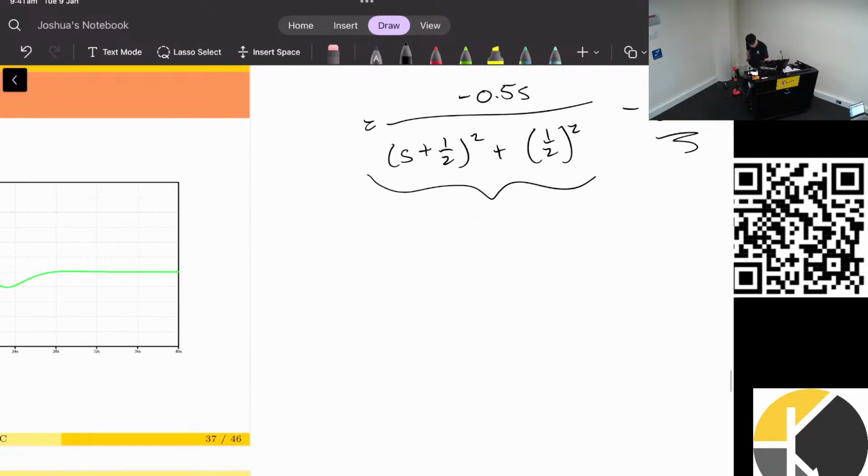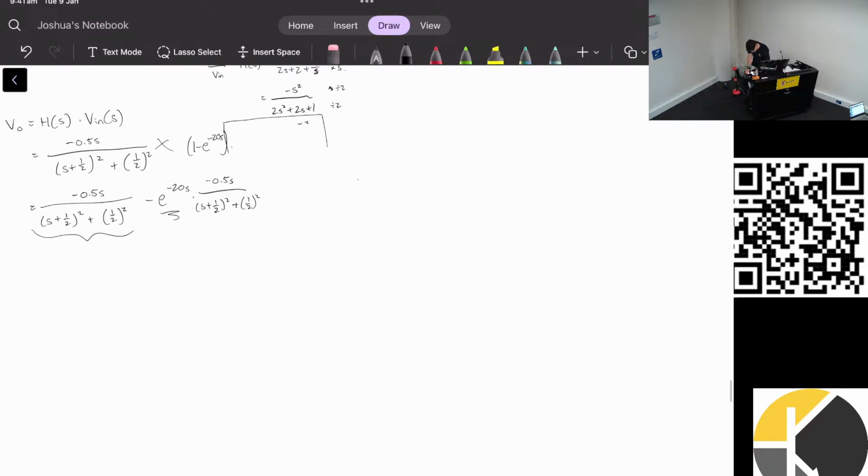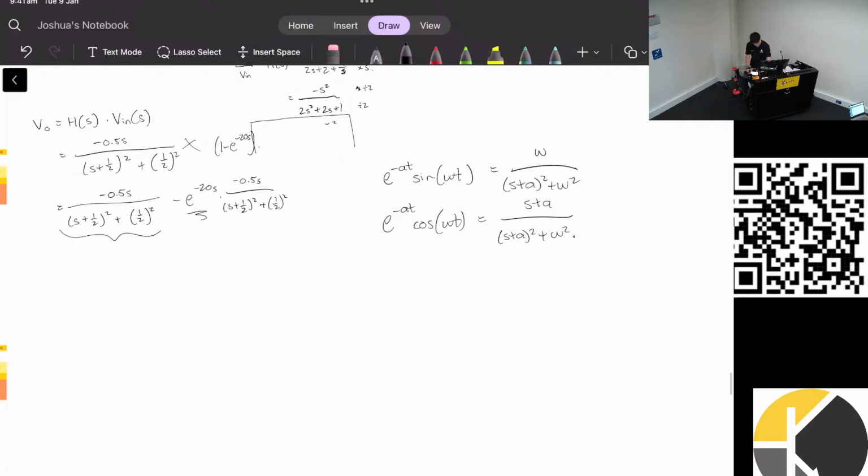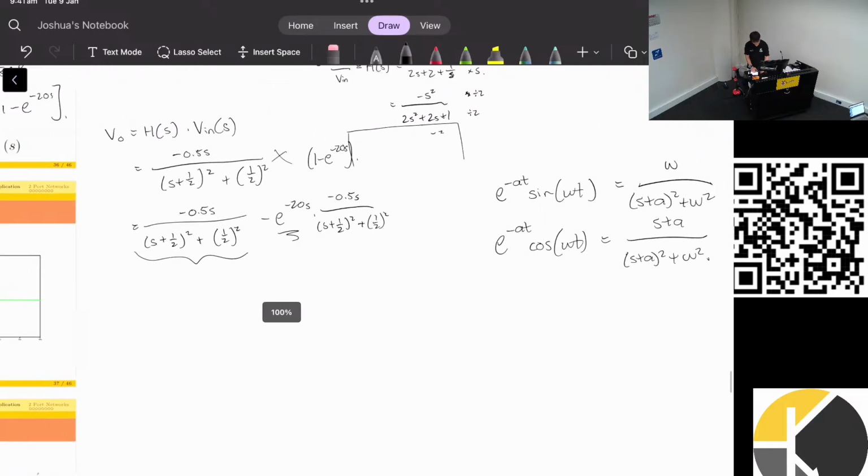We're going to be using e to the minus at sine of omega t is omega on s plus a squared plus omega squared, and the other one is s plus a on s plus a squared plus omega squared. All right, so we're going to try and use those two.